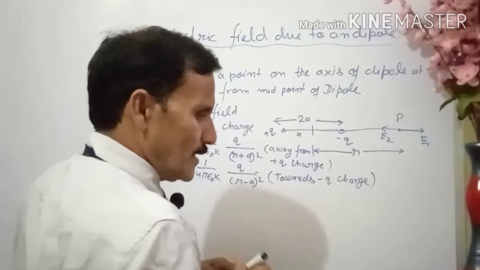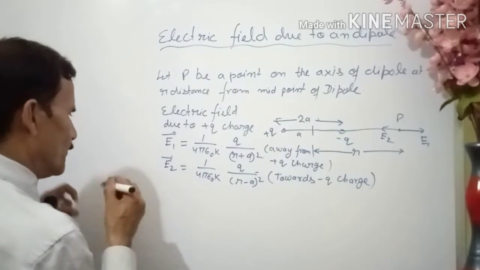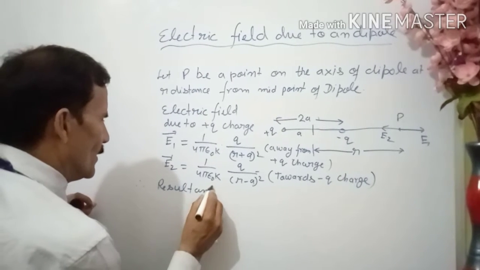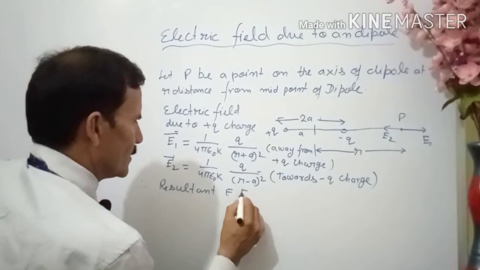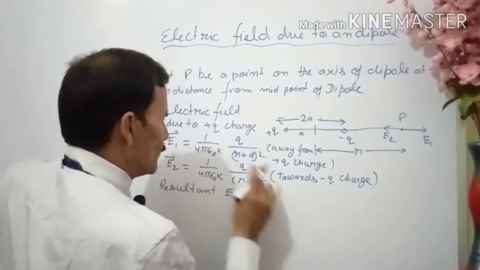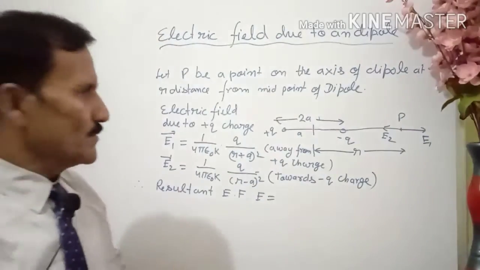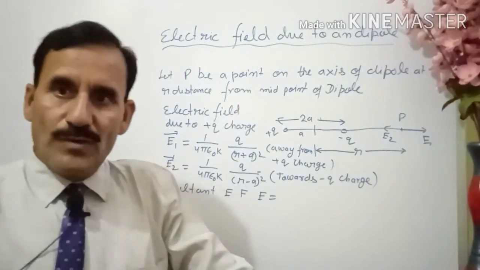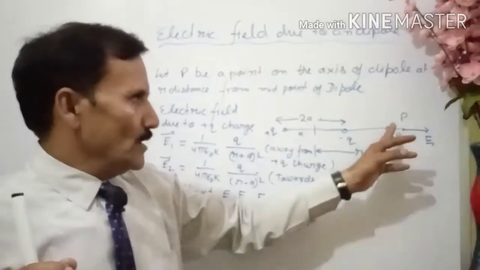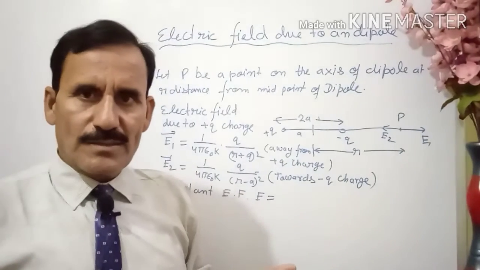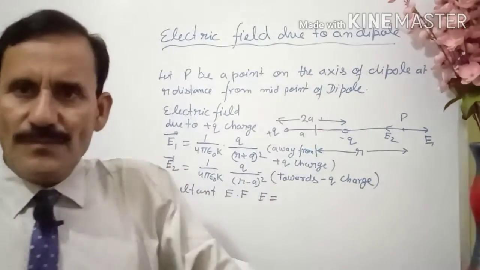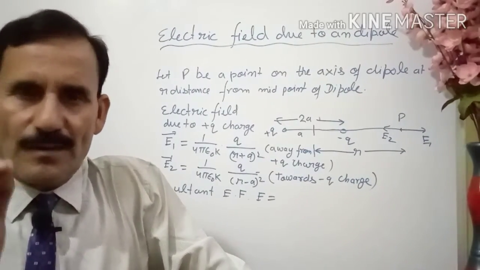Now what is the resultant electric field? So therefore the resultant electric field, suppose we are taking it as E now. When you add them, see here, these are vector quantities, so when you add them, you will have to take care of directions. These are opposite in direction, so the magnitude will be the difference of both, because they are opposite.